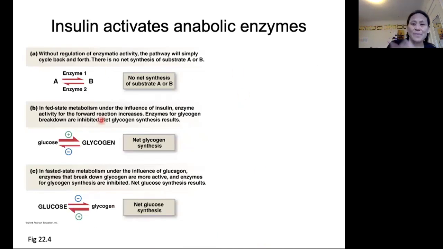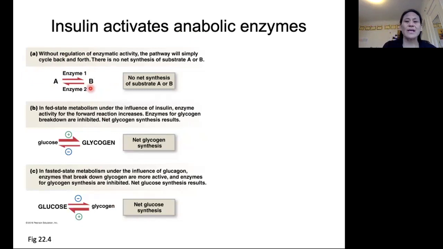And this slide basically illustrates how we do that. Okay, so all of these metabolic pathways that I have been describing consist of individual chemical reactions that are catalyzed by enzymes. So you'll have one enzyme catalyzing the forward reaction and another enzyme catalyzing the backward reaction.